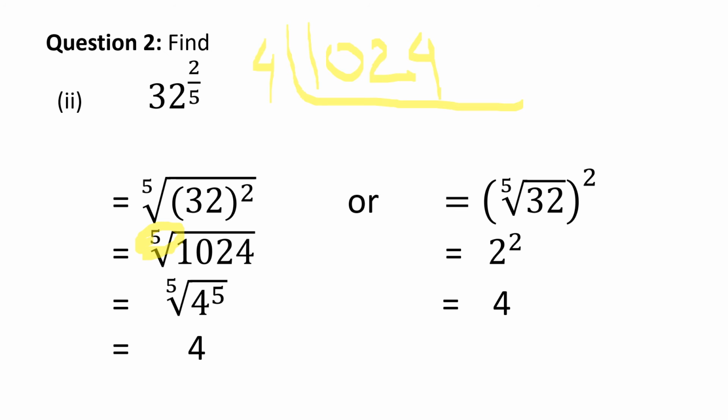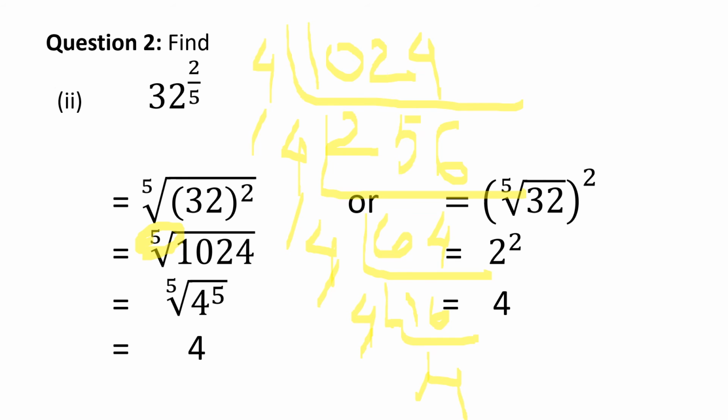So let's try. 4 2s are 8. 2 carry. 4 5s are 20. 2 carry again. 4 6s are 24. Then 4 6s are 24. 1 carry. 4 4s are 16. So 4 16s are 64. Again 4 4s are 16. So you can see 1, 2, 3, 4, 5. So 4 five times, right?